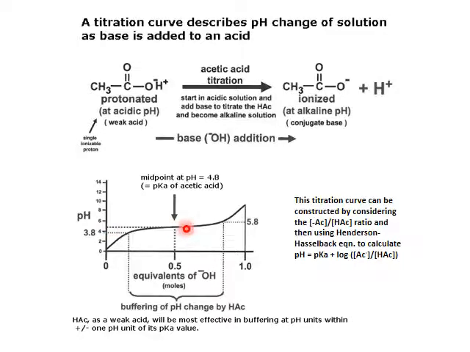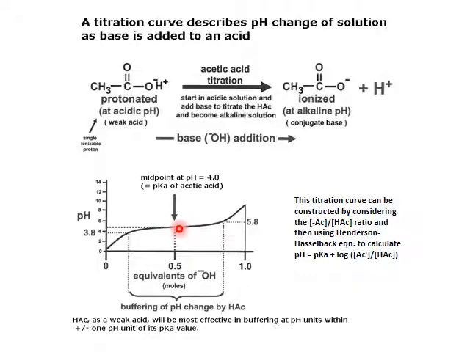That's when you have equal amounts of the conjugate base and the acid form. That's the 50-50 mark, half equivalence, titrated. So you extrapolate your line over to the y-axis, and that will be the pKa of your acid, in this case the pKa of acetic acid.